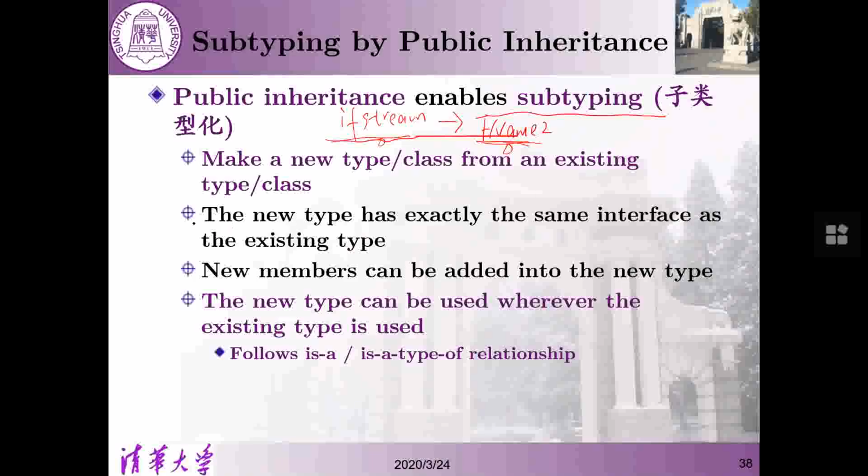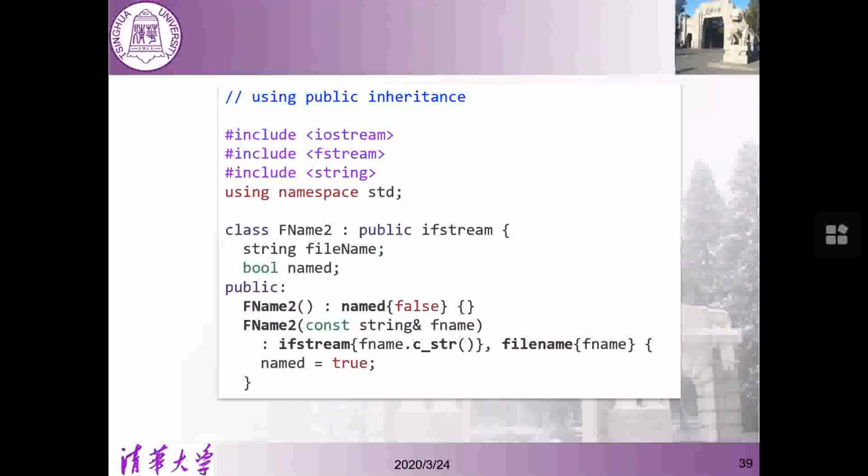So the new type has exactly the same interfaces because we use public inheritance. And new members can still be added if we want. And it follows the is-a or is-a-type-of relationship. This means the new type can be used wherever the existing type is used.